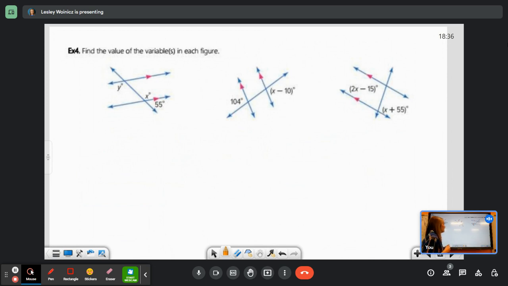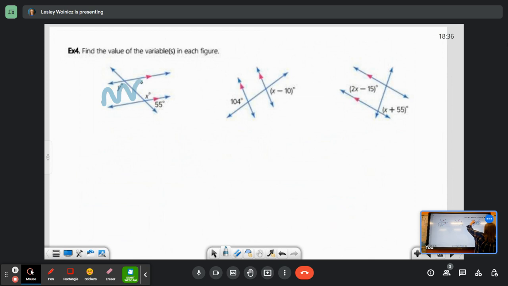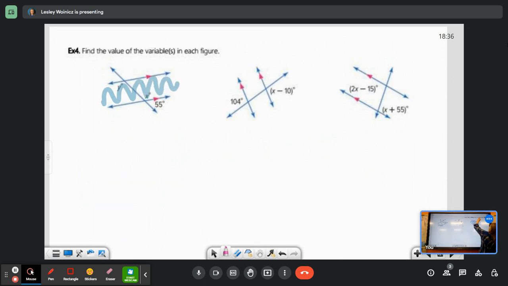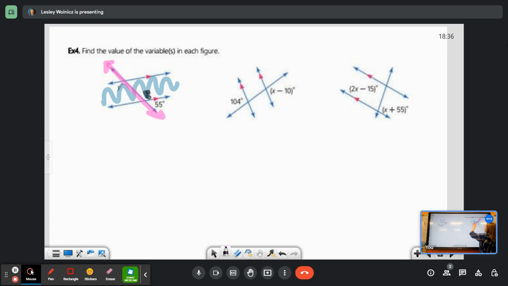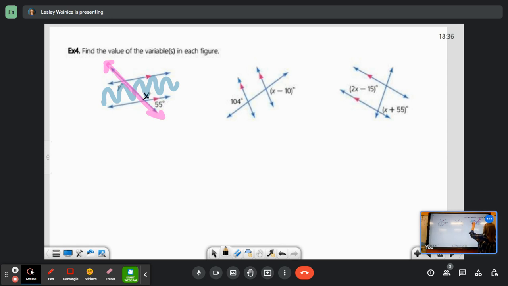Okay, so if I'm looking at these angles here, I see here's the interior, here's my transversal. I see that X degrees and the 55-degree angle are a linear pair, so they have to be supplementary.